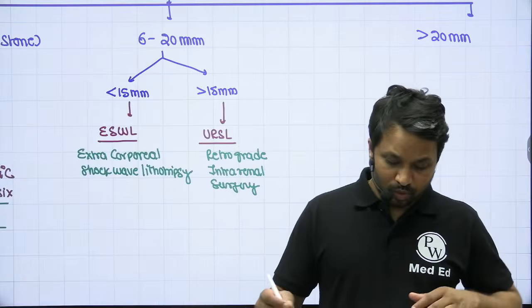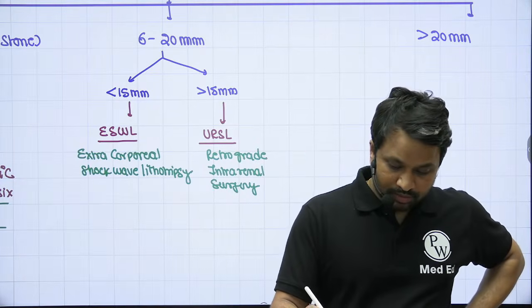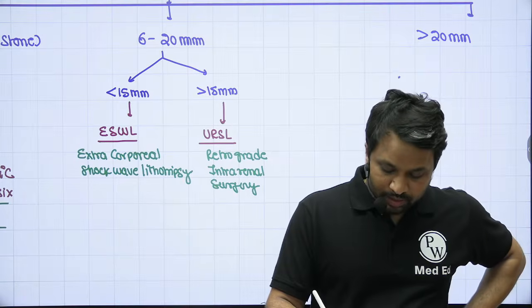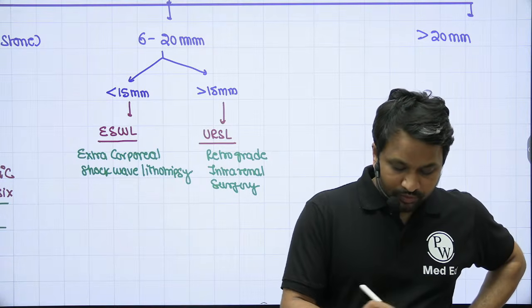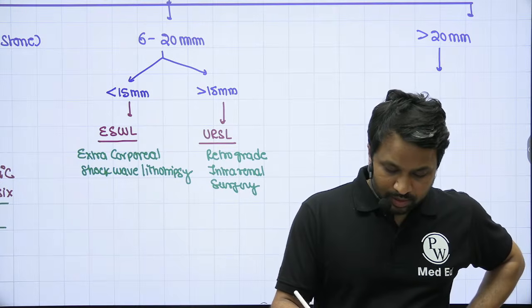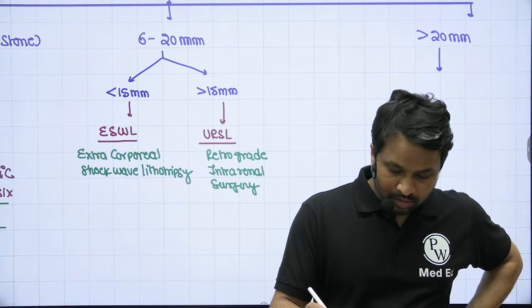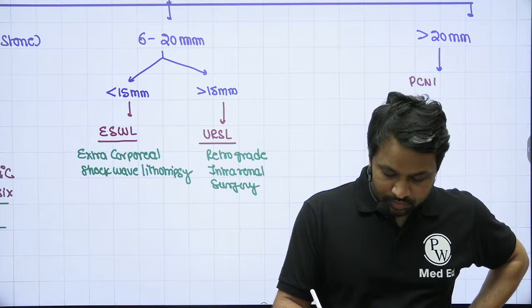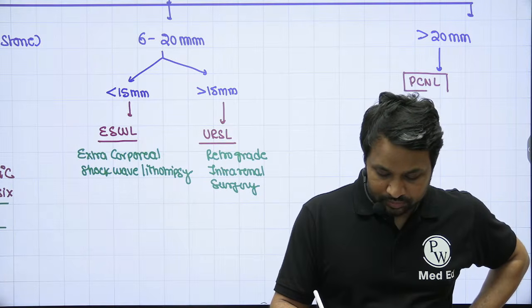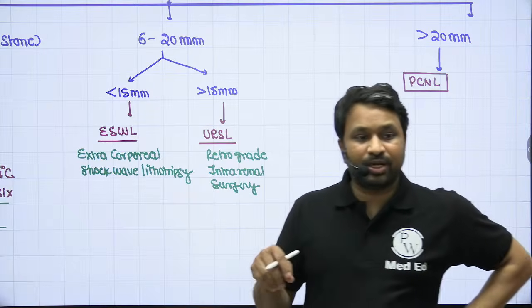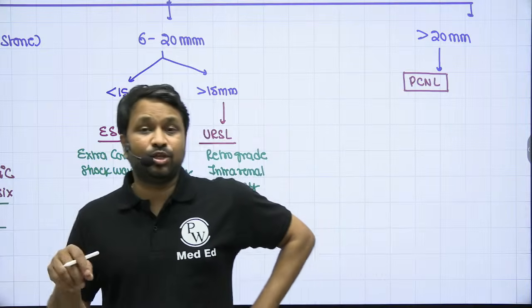If it is more than 20 millimeters, you have two options. Number one, you can go ahead with PCNL. PCNL stands for percutaneous nephrolithotomy, right? So in PCNL, you make an opening in the kidney, that is, you do a nephrostomy and then extract the stone.